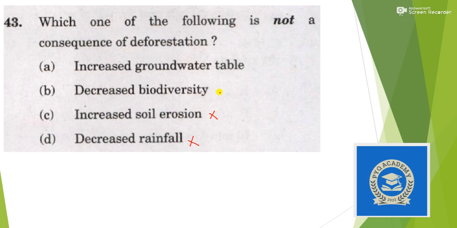Then decrease in biodiversity, yes. And increased groundwater table, no, there is a decrease in the groundwater table because rainfall will decrease surely. So this is not a consequence, so our answer should be option A here.